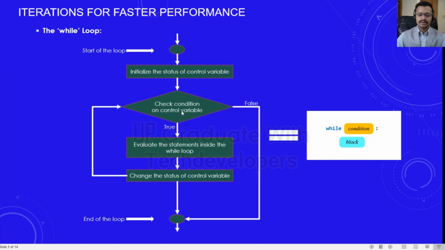If the condition is false, then it will come out of the while loop and end the loop, and the control flow will come out of the loop and stand on the normal program line, means the rest of the programming lines below the while loop. So let us see practically how it works.